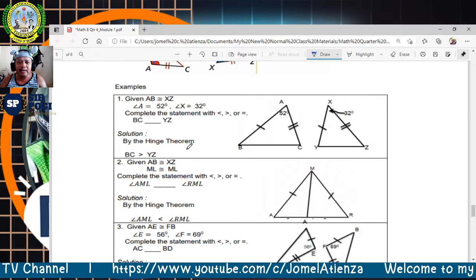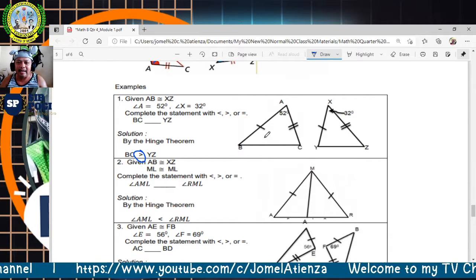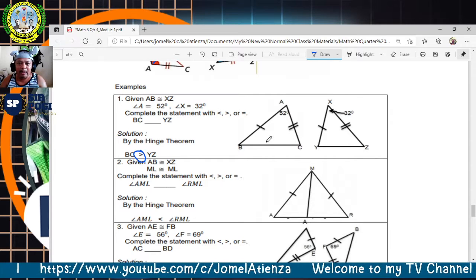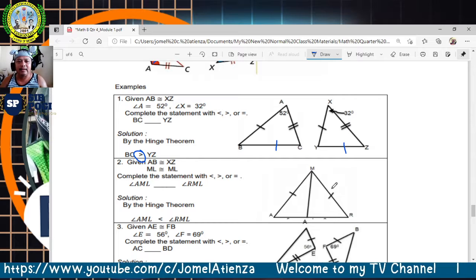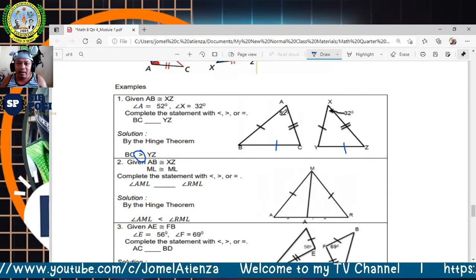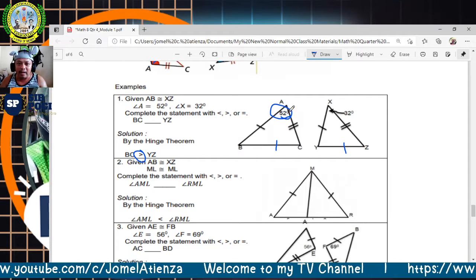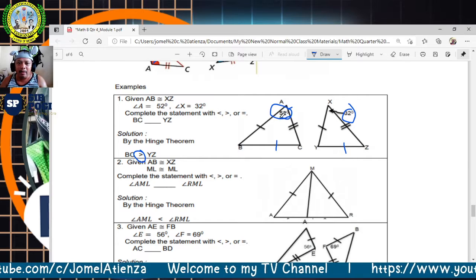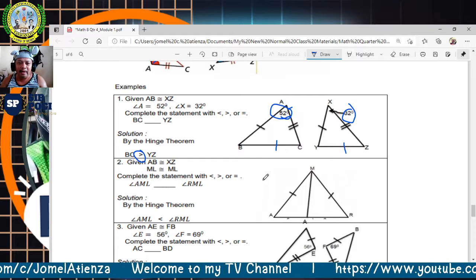By the hinge theorem, that is greater than. BC is greater than YC. Because of its opposite angle, 52 is larger than 32, so BC is greater. BC is greater than YC.